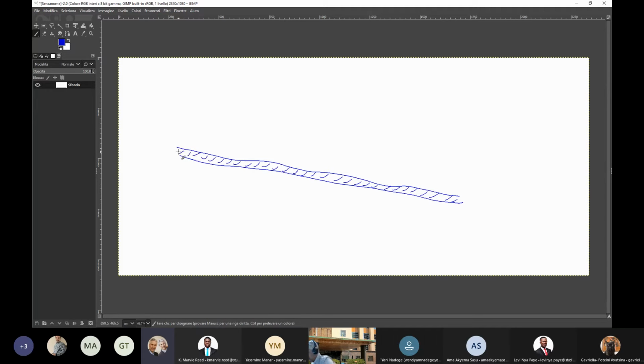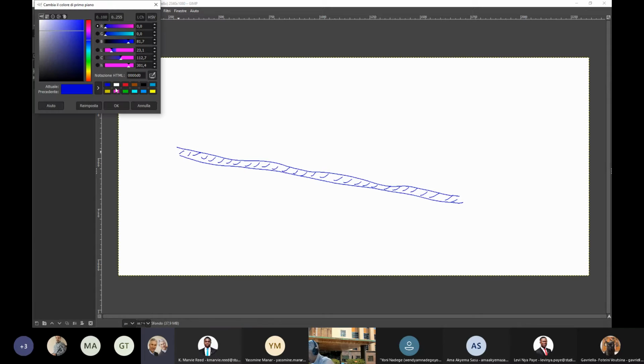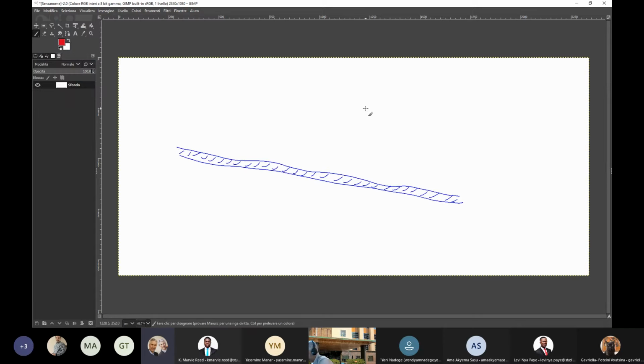Let's suppose that we build a barrage here, and this is the foundation of the barrage. This is the underground part of it. And this is the uppermost part that is surmounted by water.